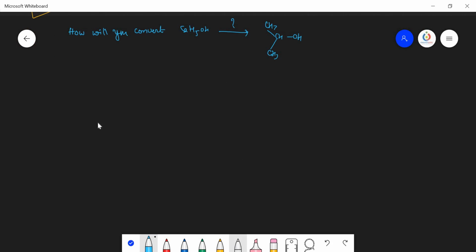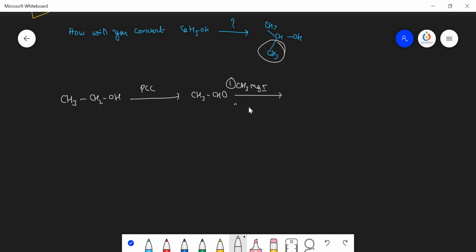Better you practice. I'll take the ethyl alcohol CH3CH2OH, PCC oxidation, CH3CHO aldehyde, and we want only one extra methyl group because two carbon atoms are already present. So that is CH3MgI. This is step 1, and step 2 is H2O and H plus. So that we get CH3CHOHCH3. This is isopropyl alcohol.